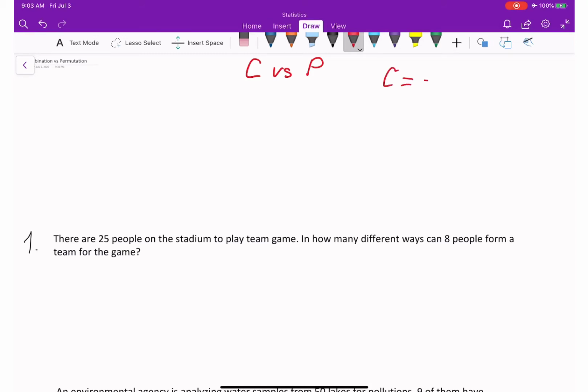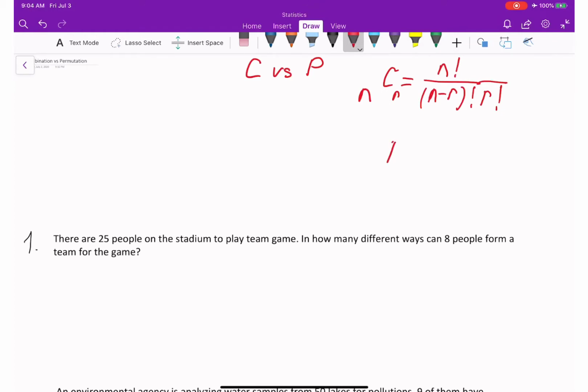Combination, this is our n, is equal to n factorial over (n minus r) factorial times r factorial.